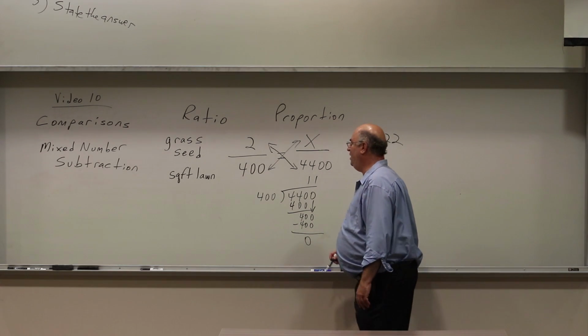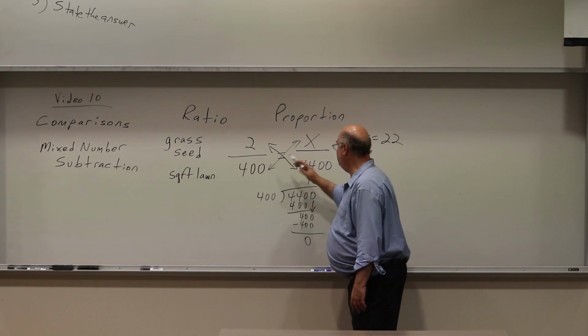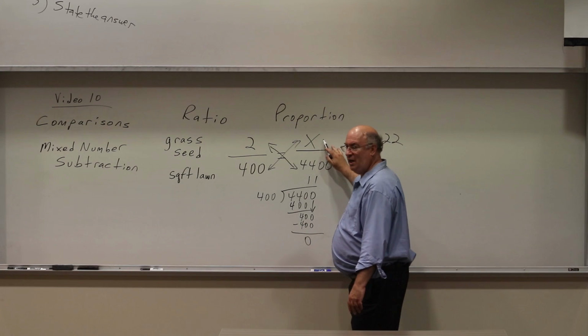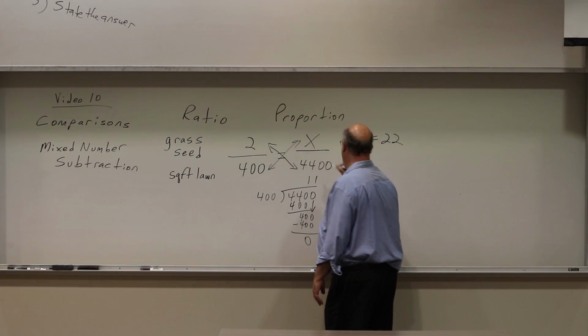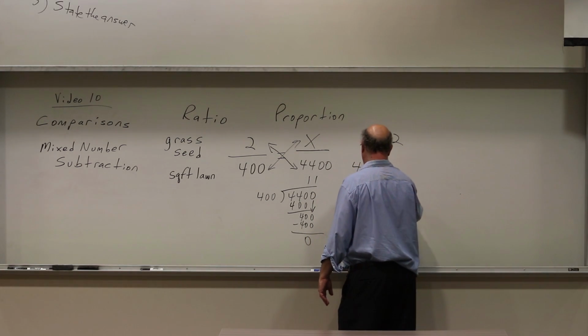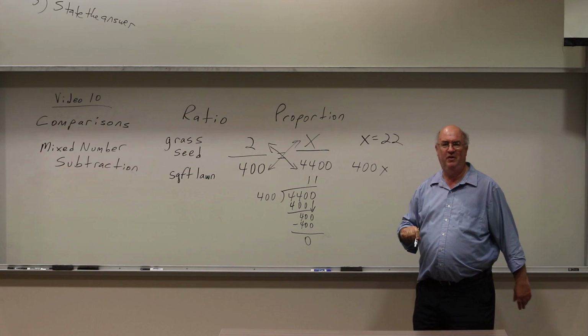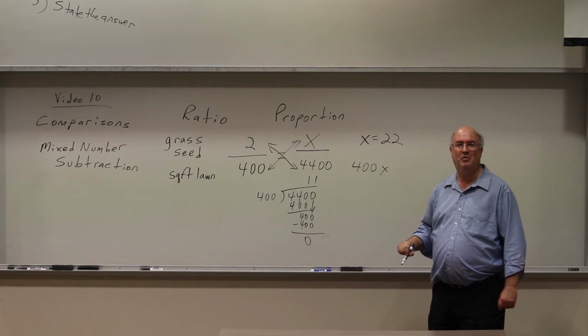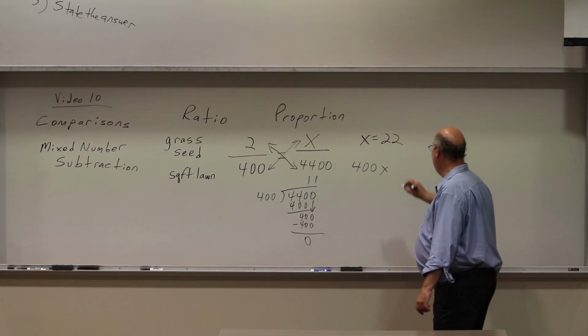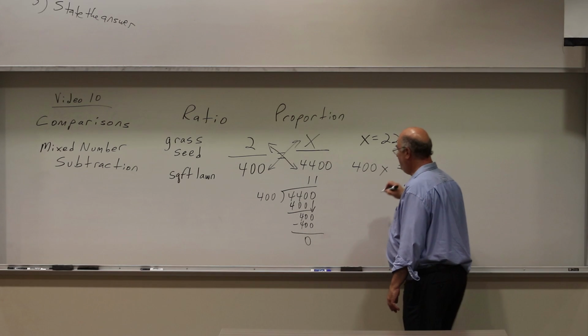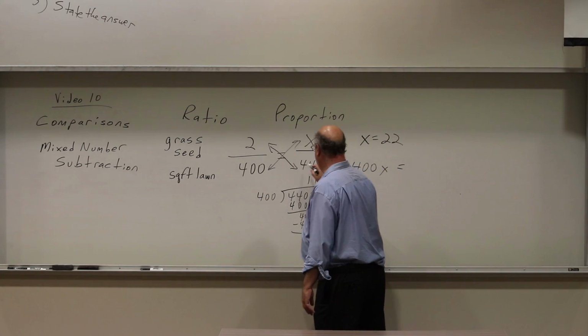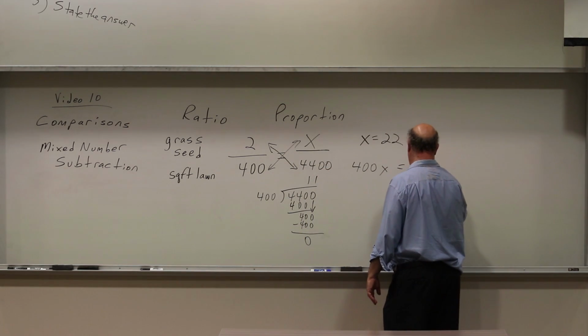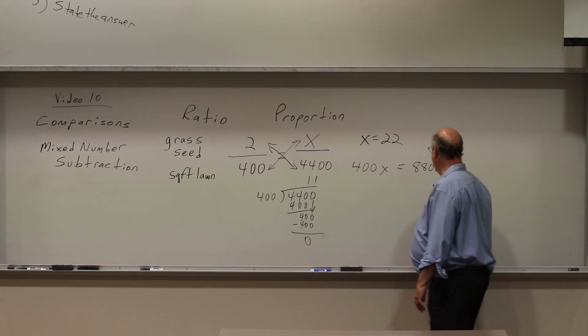So we take 400 times x, because it's diagonal. We get 400x. We're doing algebra. We didn't even announce it yet. I will announce it. We are now doing algebra. Okay, 400x equals 2 times 4,400, or 8,800.